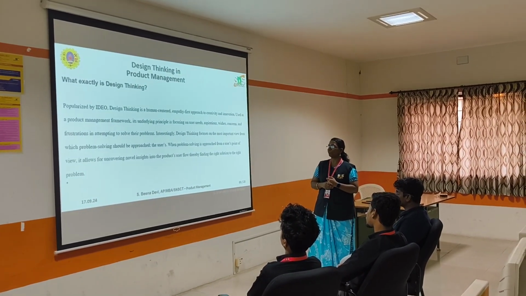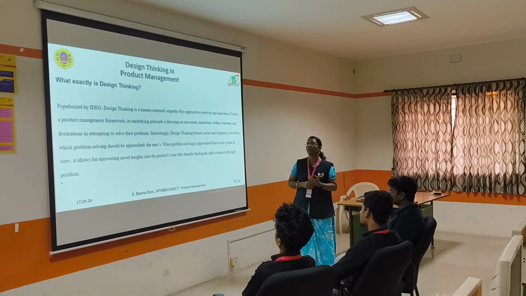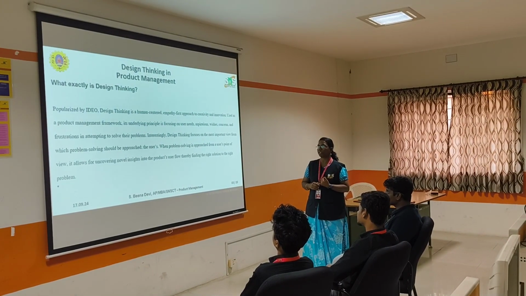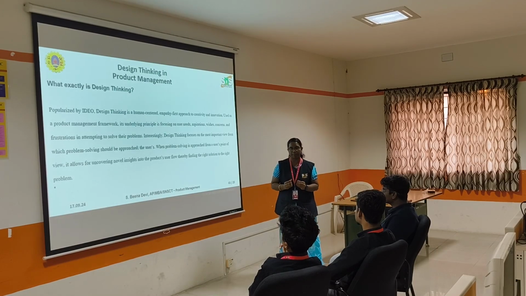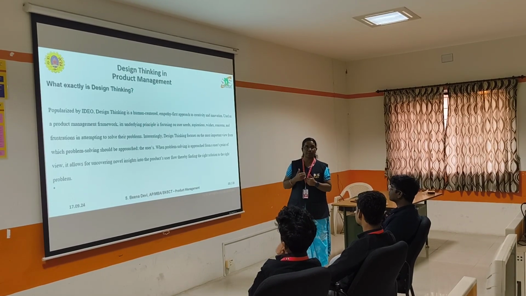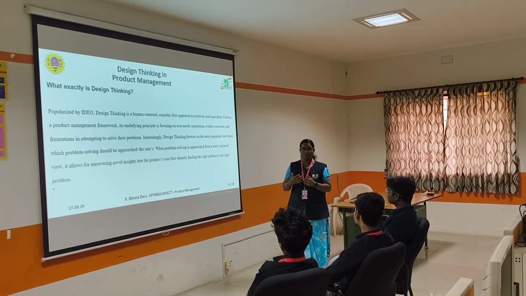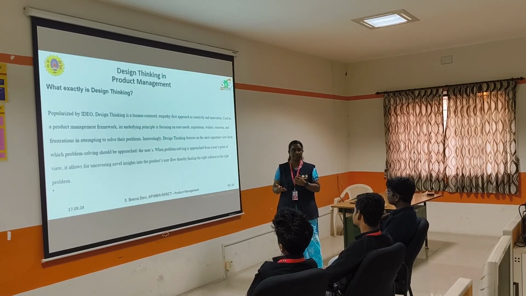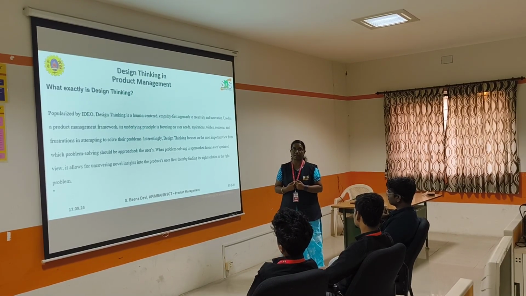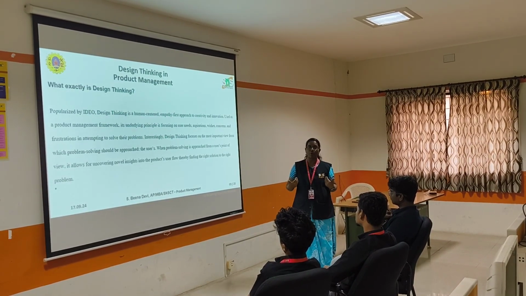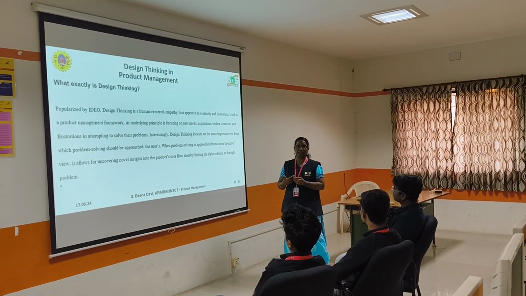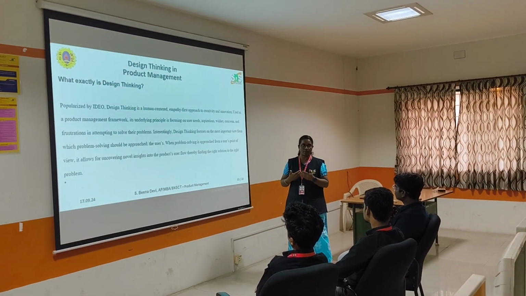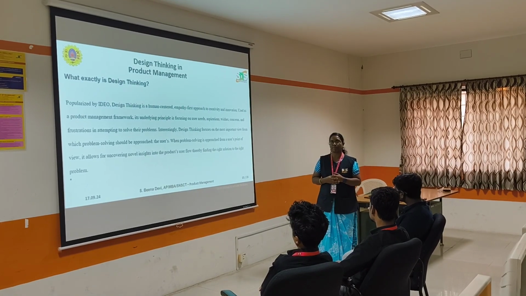When problem solving is approached from a user point of view, it allows for uncovering novel insights into the product's user flow. When you include the design thinking concept in your product management, you are going to find what exactly the product is going to be a solution for the customers, and you get that exact flow. So we are going to see the step-by-step process of how you implement design thinking in product management.